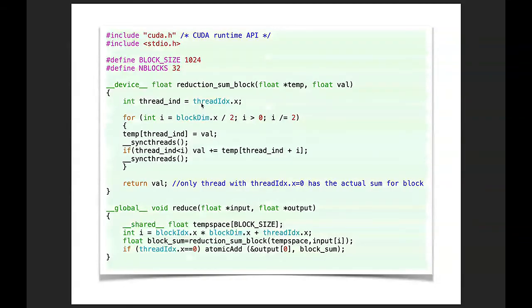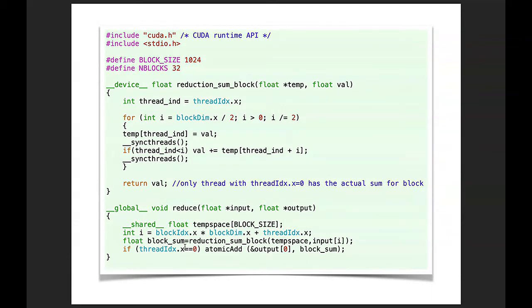At the end of this, each thread has a value, but only the thread with index 0 has the actual true value for the partial sum of the block. So at the end, after I called my kernel, each thread has some number block sum, but only the thread with thread index within the block 0 has the true partial sum.